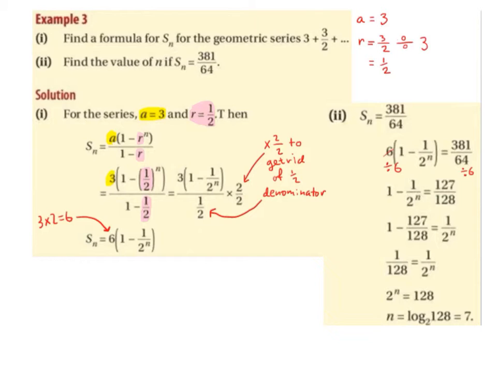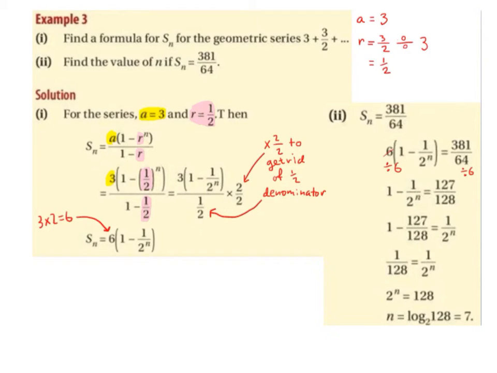Now we just want to solve for n, so we want to get all our numbers without n on the left of the equal sign and any term containing an n on the right. So 127 over 128 comes over the equal sign to become minus 127 over 128, and minus 1 over 2 to the power of n goes over the equal sign to become 1 over 2 to the power of n. 1 minus 127 over 128 is 1 over 128, and that's equal to 1 over 2 to the power of n.